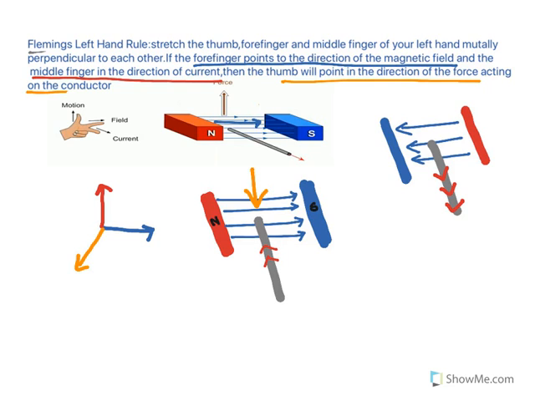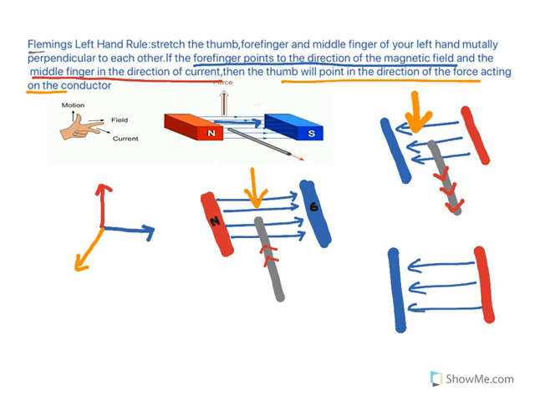Again, here too you will find that the force begins to act downwards. In the second case, I'm keeping the field the same as in the first case. Here we need to reverse the field, so here we are reversing the field.